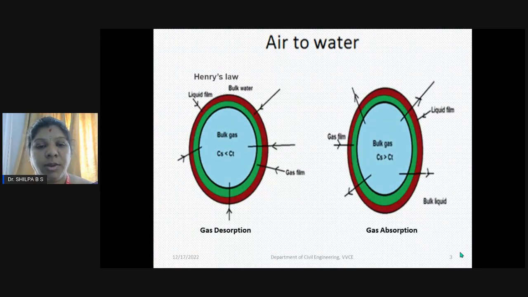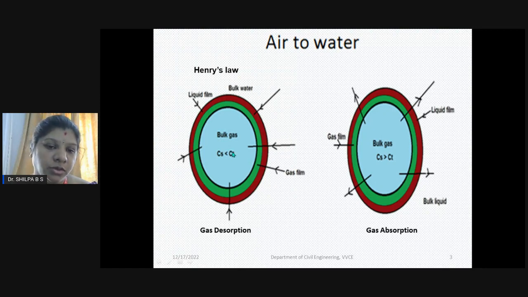This is the schematic representation of gas exchange, which obeys Henry's law. It depends on the saturation value of the water, that is, the DO saturation value. If the water has a higher concentration compared to the gas, there is a chance that desorption takes place from the bulk liquid, and the oxygen will get transferred to the air.